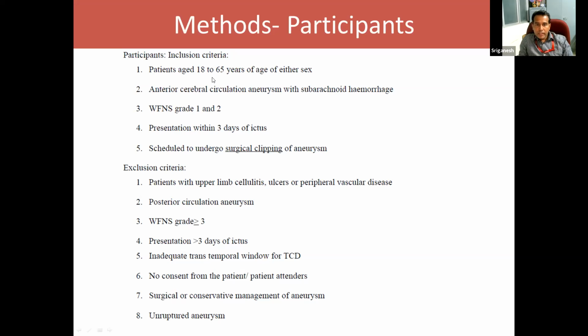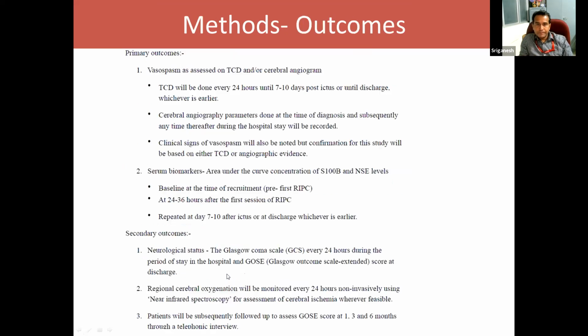Here I am informing that my age group is between 18 to 65 years, what grades of WFNS I am going to include, whether I am including all aneurysms or only anterior cerebral circulation aneurysms, whether I am including patients at whatever time point they come to the hospital or within 3 days of ictus. And I am again specifying that only those patients who are undergoing surgical clipping are going to be included.